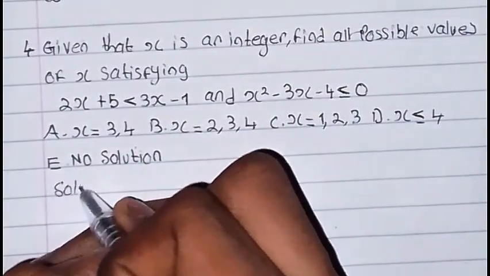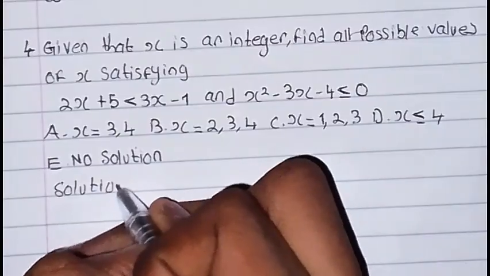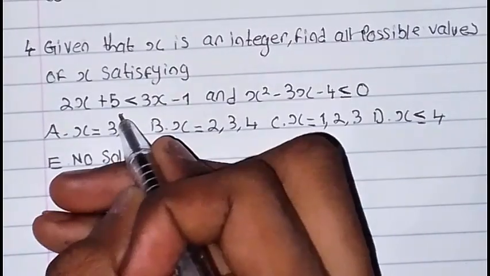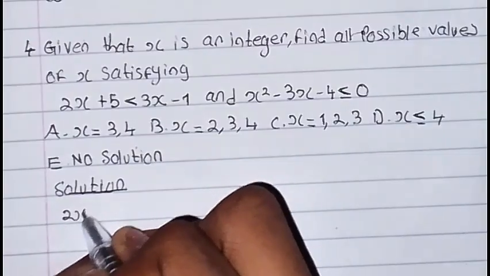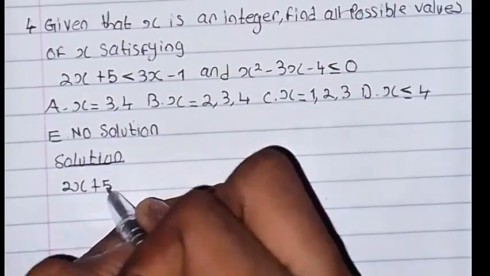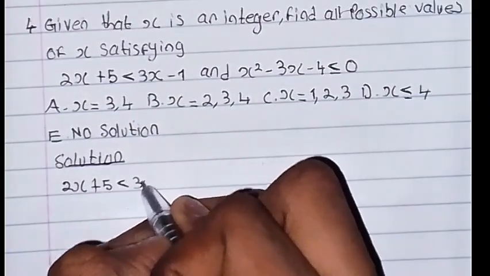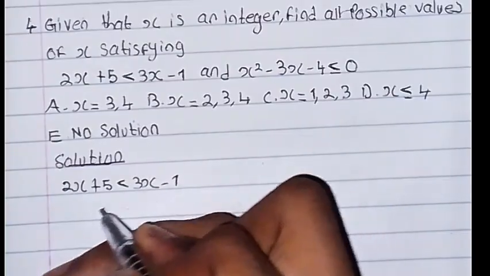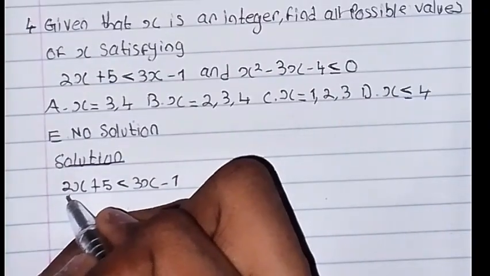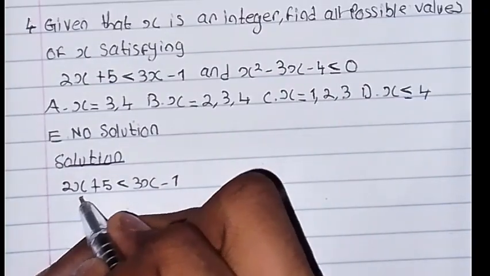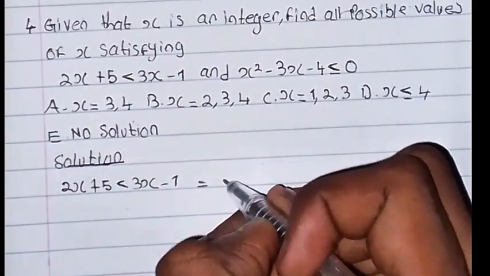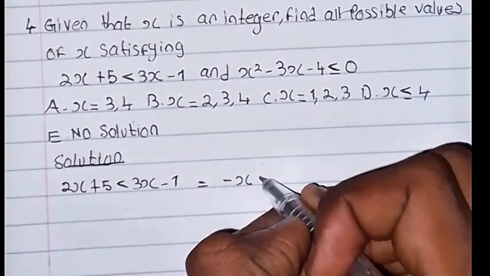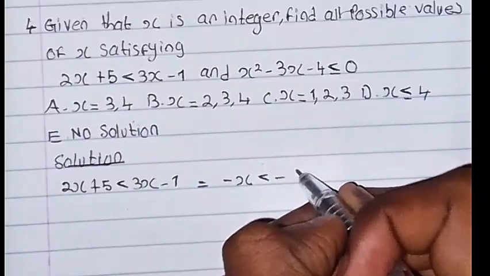So let's go to the solution. Let's solve the first inequality first. We have 2x plus 5 less than 3x minus 1. Simply, we'll collect like terms, right? So 2x minus 3x is minus x, less than minus 1 minus 5, which becomes minus 6.